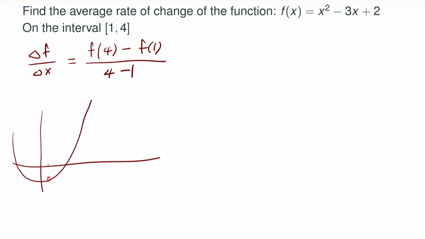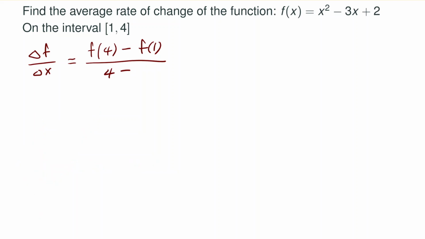So here's 1, and 4 somewhere here. We're finding the slope of this straight line, which represents the average rate of change between these 2 points. So graphically, that's what we're doing. But we don't always have to know the graph to find the slope or average rate of change, because we can just apply this right here.